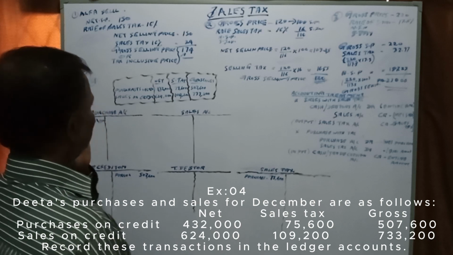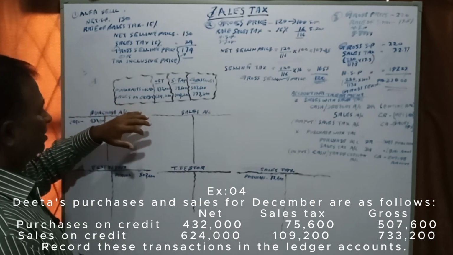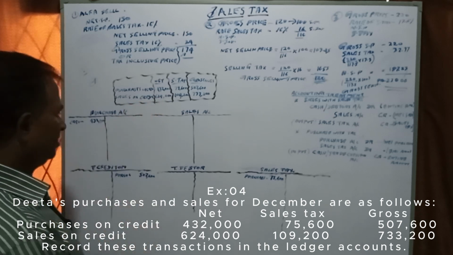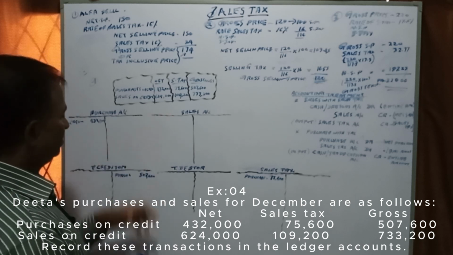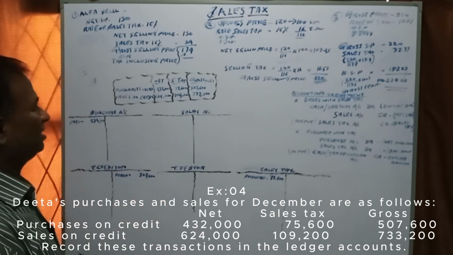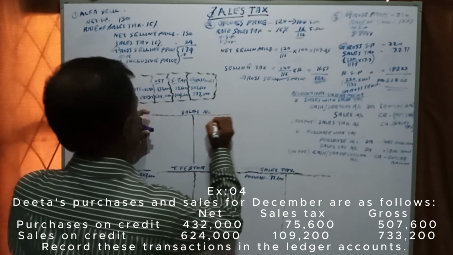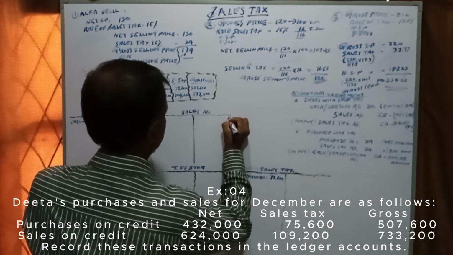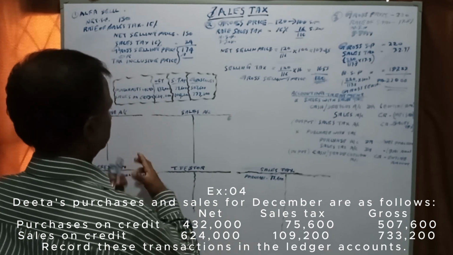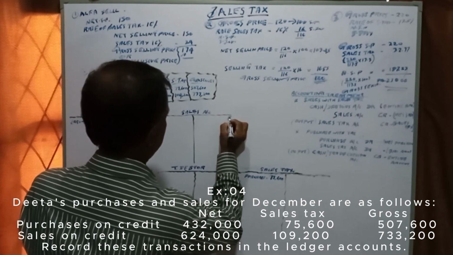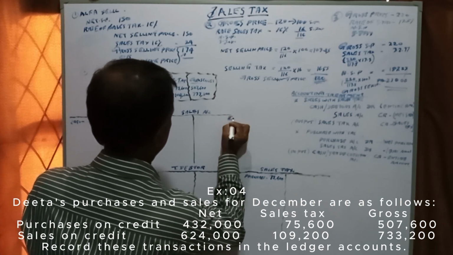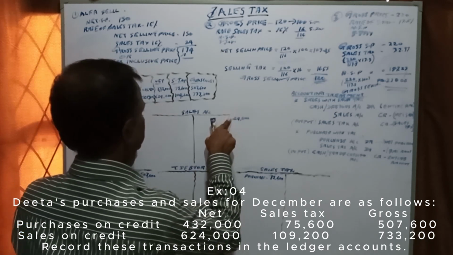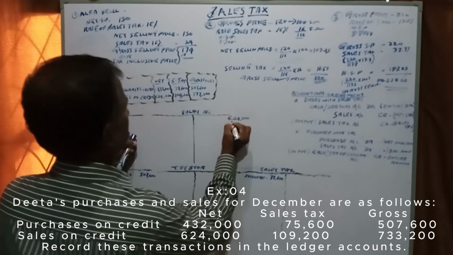Similarly for sales also, on the selling side, sales will go to 624,000.